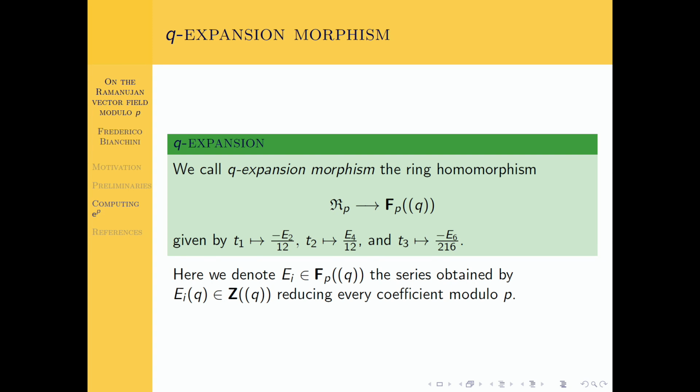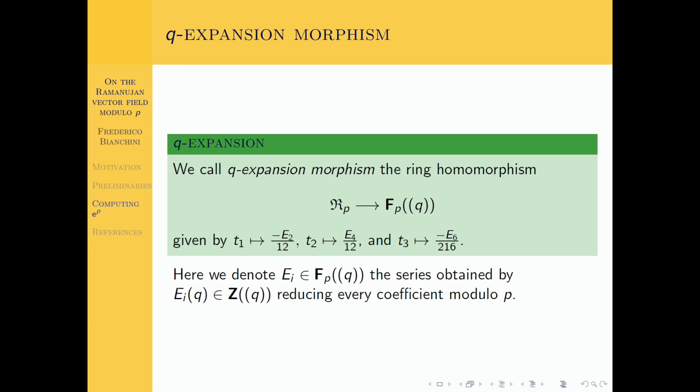It is this ring morphism which takes polynomials and gives a series with coefficients in F_p. Since I have delta as an invertible element, they are rational functions here, so I have to take Laurent series in the codomain.